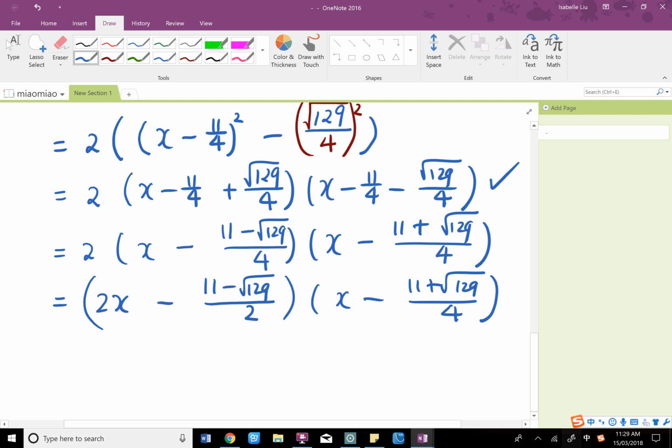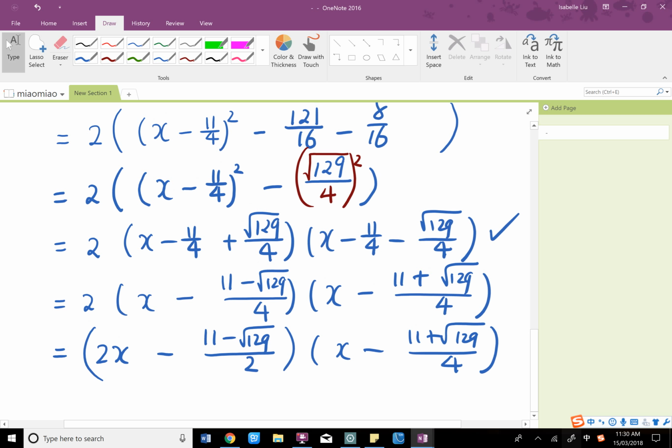It's like 2 times a times b, so it's either 2a or 2b, not 2a 2b. Those 2a 2b will be 4 in front. So, well, you can say the other 2 factors are those 2. No, you can leave it outside.